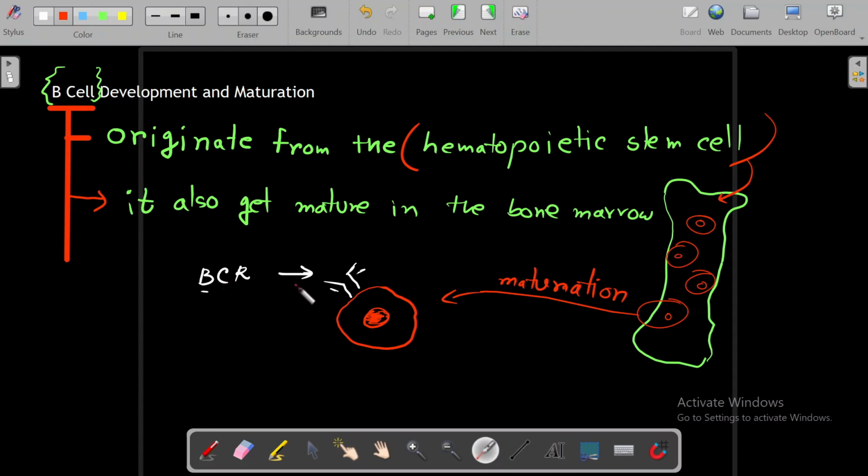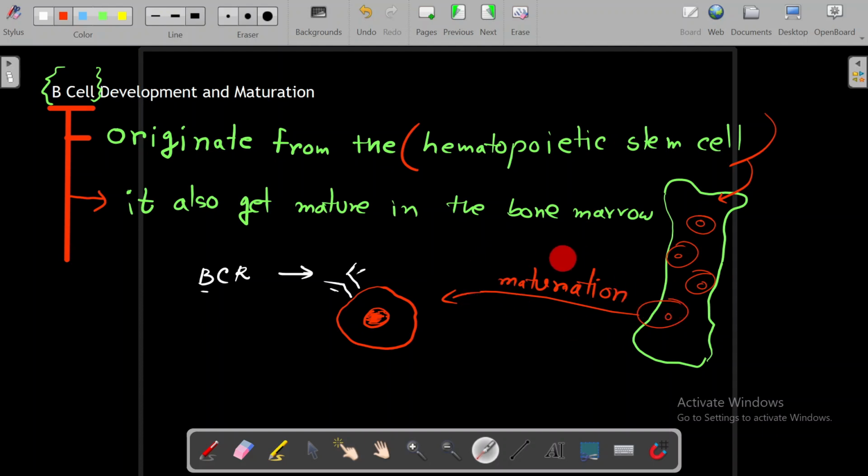So remember that B cells originate from hematopoietic stem cells, develop in the bone marrow, and also mature in the bone marrow. But T cells are produced in the bone marrow and mature in the thymus gland, as we learned in cell mediated immunity.